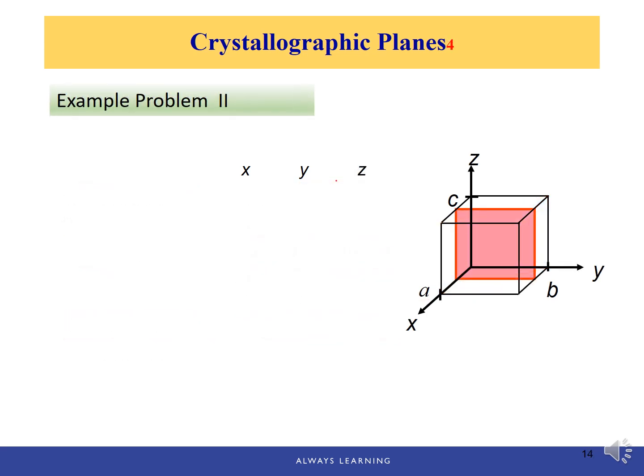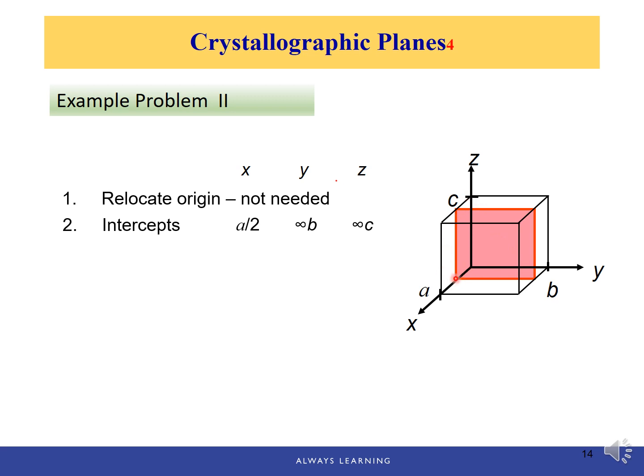Example 2, this is a very similar problem. So we have a plane which is parallel to the YZ plane. In other words, it's parallel to both the Y axis and the Z axis. So first, check the origin. The origin is not on the plane, so we don't have to move it. Second, take the intercepts of the plane with X, Y, and Z axis.